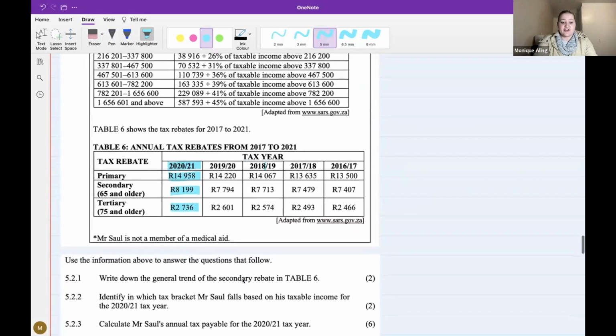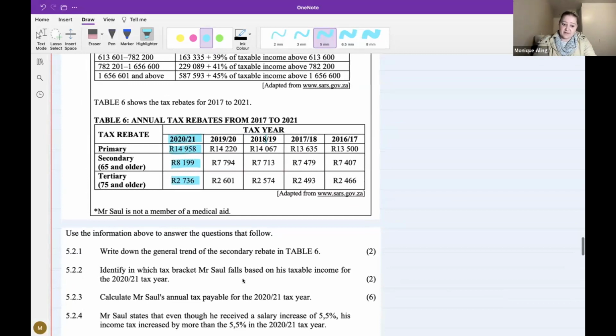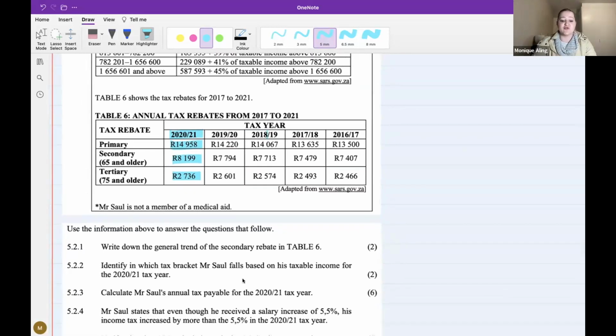Okay, so question 5.2.1, write down the general trend of the secondary rebate in table 6. So important word there, general trend. When they talk about what is the trend, tell me about increases, decreases. Where is it increasing? Is it increasing the whole time? Does it increase when something else happens? Is there a decrease? That's what they mean by trend.